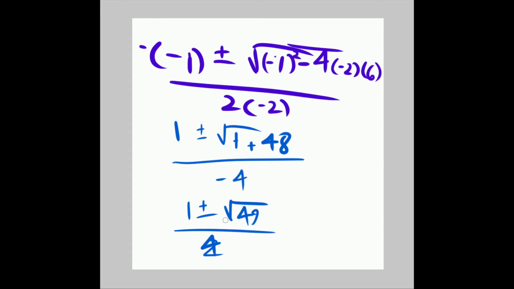Now, first we can consider this in two different ways. We can consider it as positive or negative, the square root of 49, which is 7. Now we can do negative 7 minus 1, negative 7 plus 1, or we could do 1 plus 7, both of these over 4.